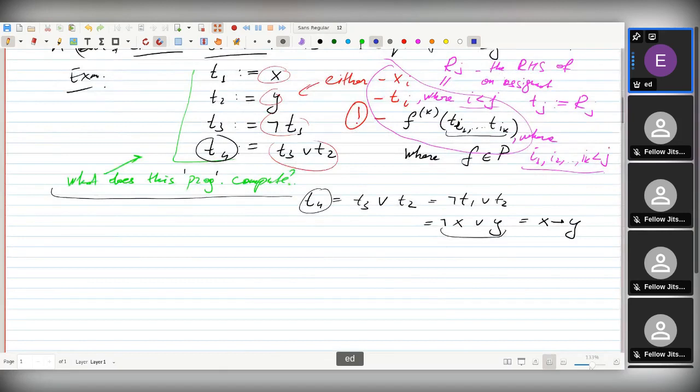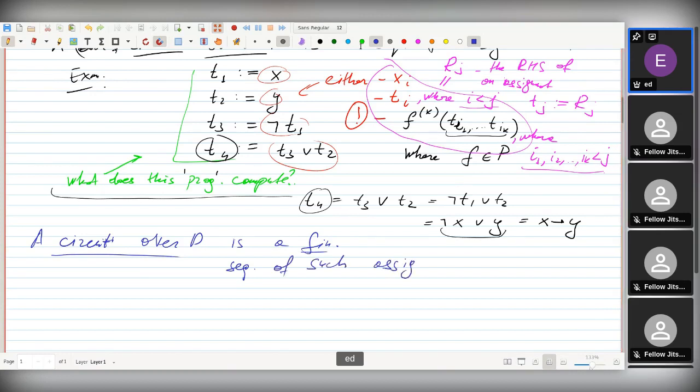So a circuit over P is a finite, it is important, it is a finite sequence of such assignments like T1 is assigned to be R1, T2 is assigned to be R2, and so on.